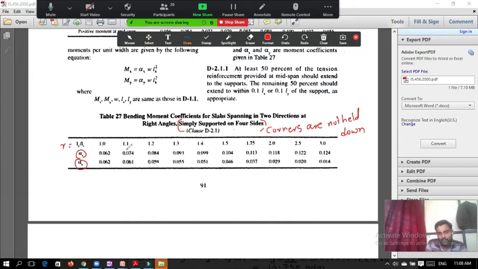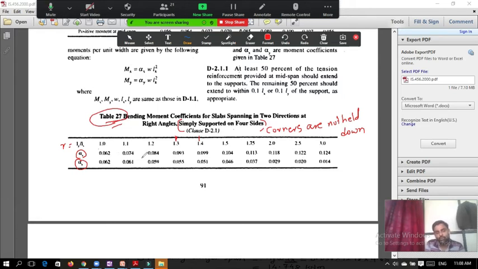In our case, in this problem, we have got the value in between 1.3 and 1.4, but we have not used table number 27. Why? Because in our numerical they have mentioned that our corners are held down. If they mention that all four sides are simply supported, or the corners are not held down, then only you can use table number 27.